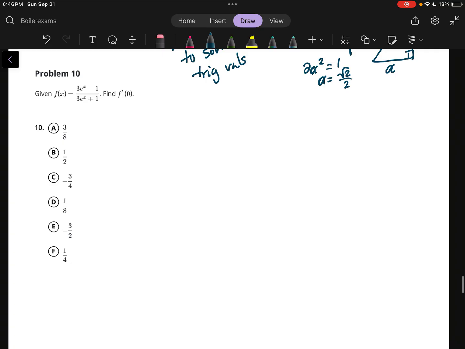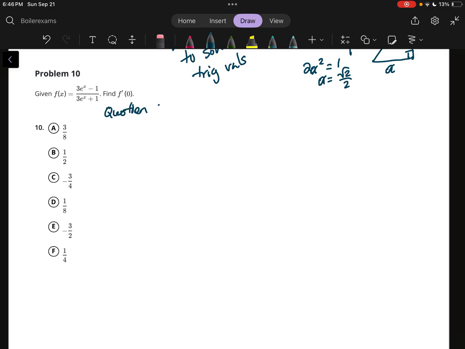Alright, question 10 says, given f of x equals (3e^x - 1) divided by (3e^x + 1), find f prime of 0. So what we need to use for this problem is the quotient rule.